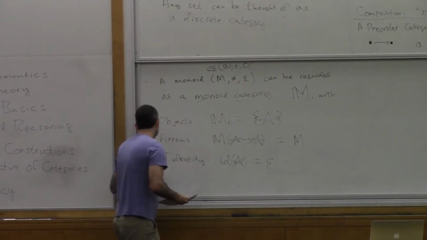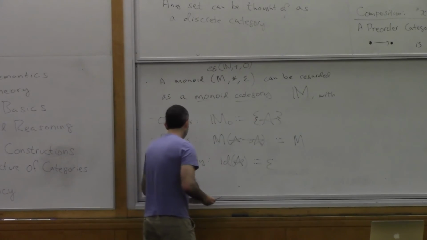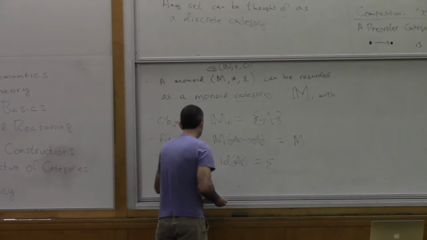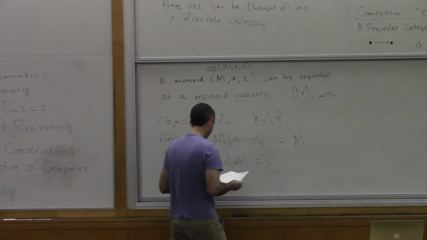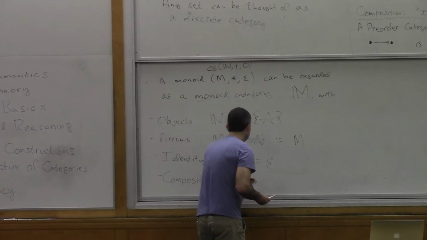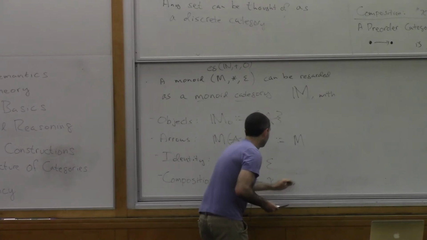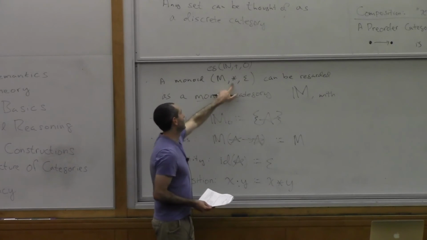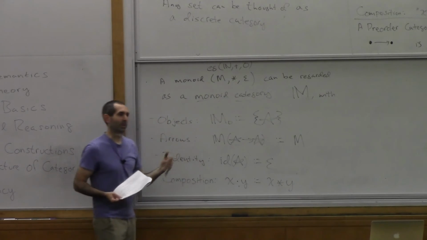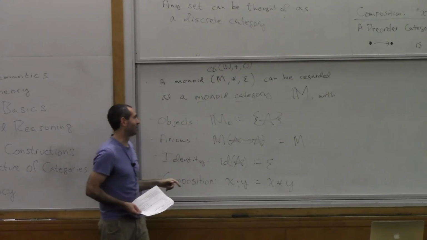And the composition, x composed with y, is defined to be just x times y. So the binary operation of the monoid, which is typically called multiplication generically, although it's not, as in this example, actually multiplication, right?